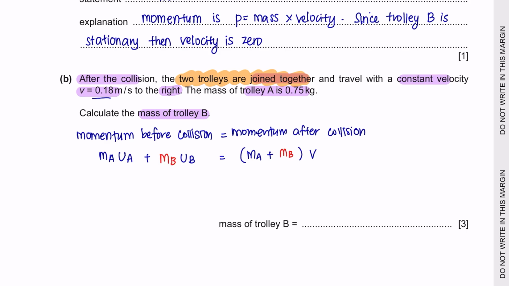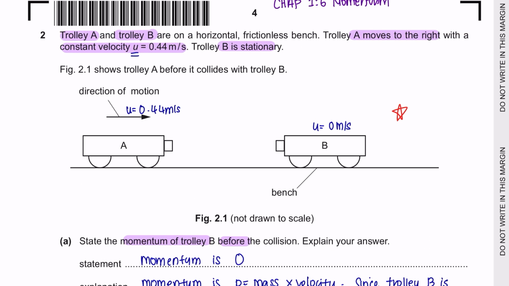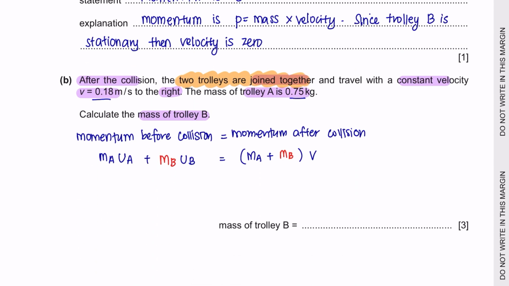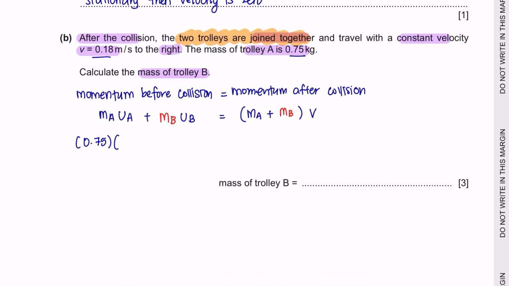So let's substitute whatever information we have into our formula. The mass of trolley A was already given to us, which was 0.75 kilograms, and the initial velocity was 0.44 meters per second. This is before the collision. We don't know the mass of B, but we know that the velocity is 0. Anything multiplied by 0 is going to give us 0, hence why the momentum of trolley B before collision was 0.